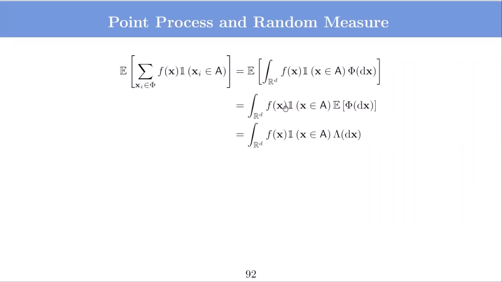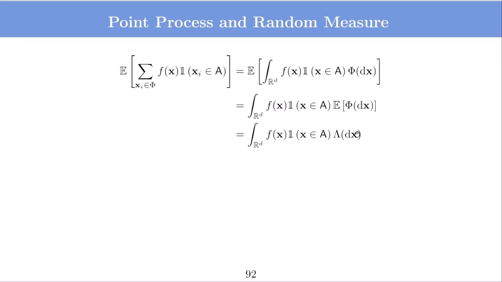Now, because expectation is a linear operator, it can go inside the integration. Further, f(x) and the indicator are deterministic, so they can be pulled outside the expectation, and the expectation will only be on this term. So it will be the integration of f(x), indicator x belongs to A, times E of phi(dx). Now, expectation of phi(dx) is the average number of points in the set dx.